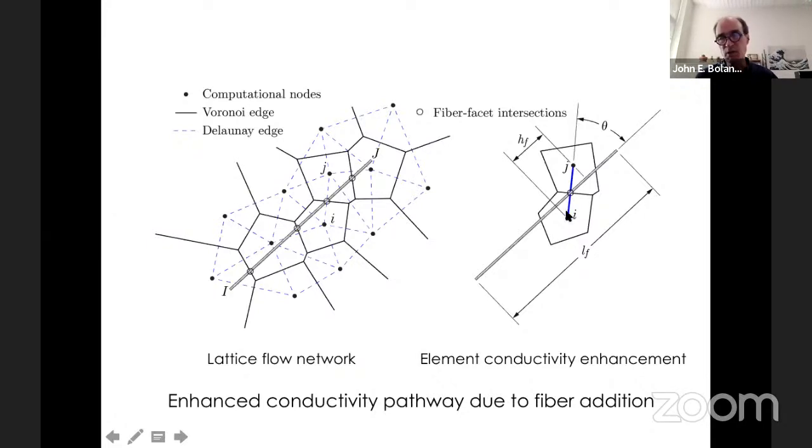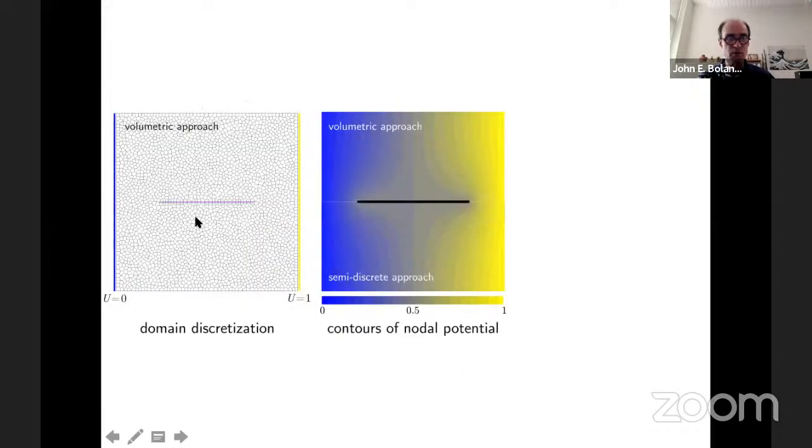And a key point here is in your conductivity relationships, we don't use the entire length of this element. We don't use the entire length of IJ, we use the projected length for the properties. And in doing so, we can model the effects of the fiber on the flow field nicely.